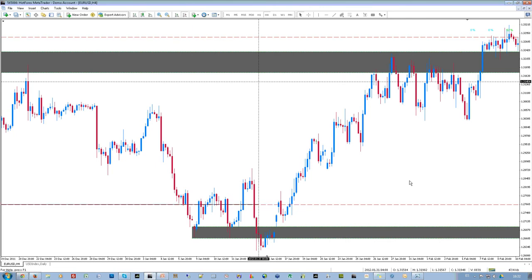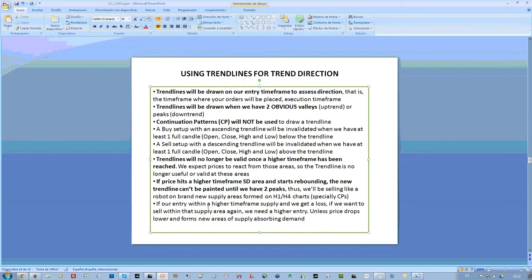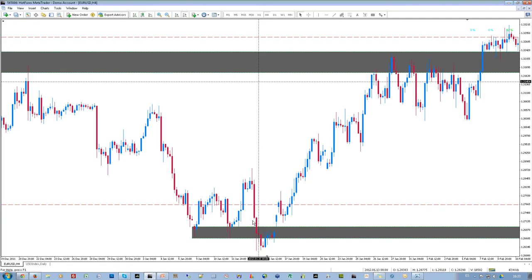So since we reach a higher time frame area, now this is our first trade. We are not allowed to buy here anymore. We have to wait for a retest, a lower penetration. This is another rule. If our entry is within a higher time frame supply and we get a loss or a winner or whatever, and we want to buy within that demand area, we need a lower entry price.